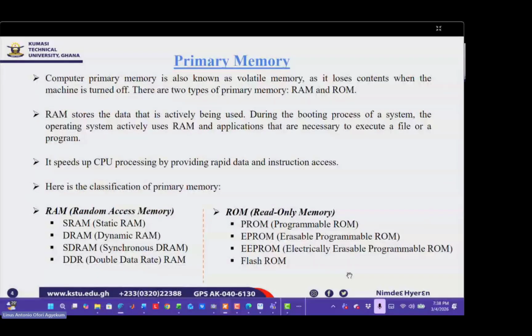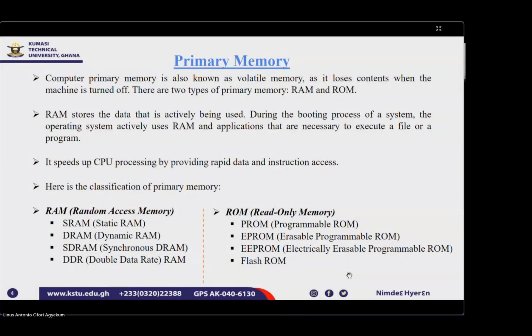Now let's take a closer look at the primary memory. We have already established that the primary memory is a volatile memory. As we said earlier on, it loses content when the machine is turned off.